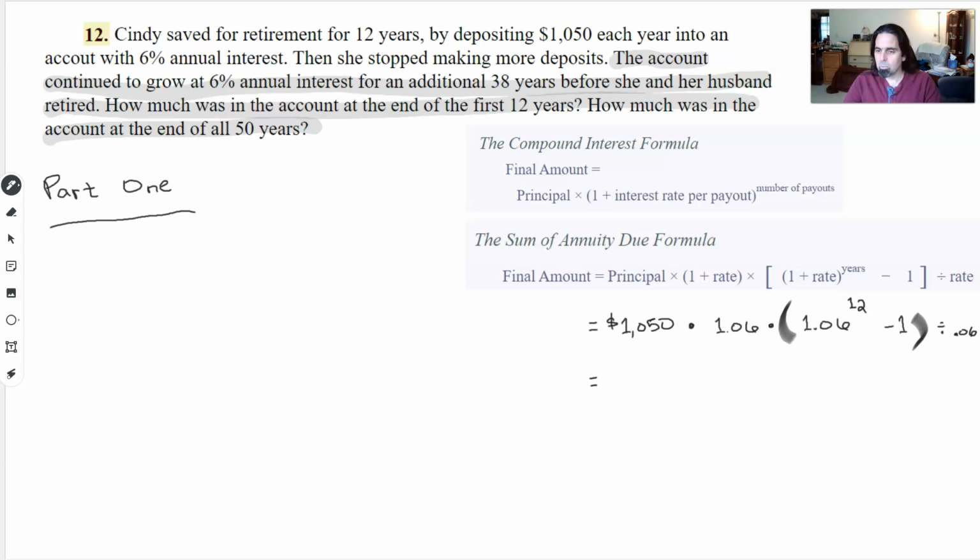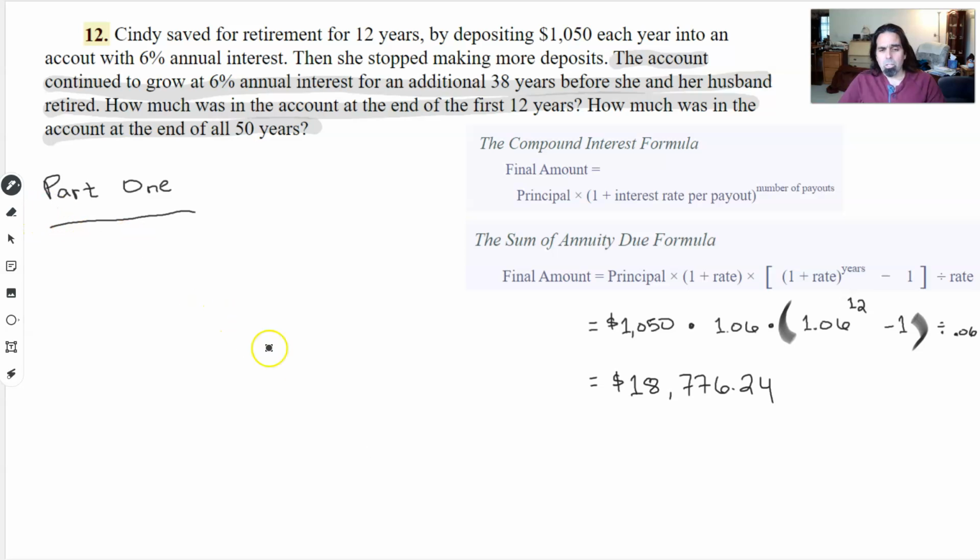Come down from exponents if your calculator makes you do that. Minus 1, close parentheses, divided by 0.06. And we get $18,776.24. That's the end of part 1.